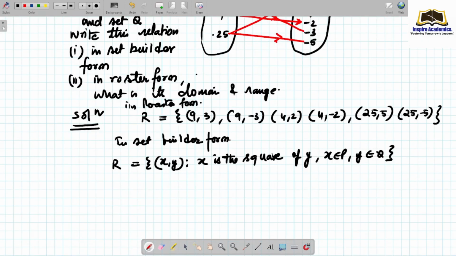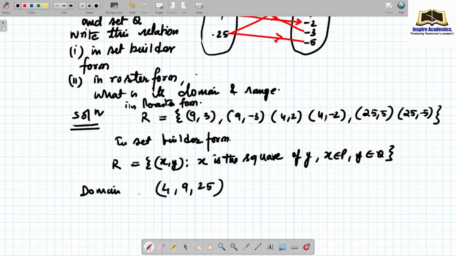Now what will our domain be? Domain would be 9, 4, 25. So we can write 4, 9, 25.